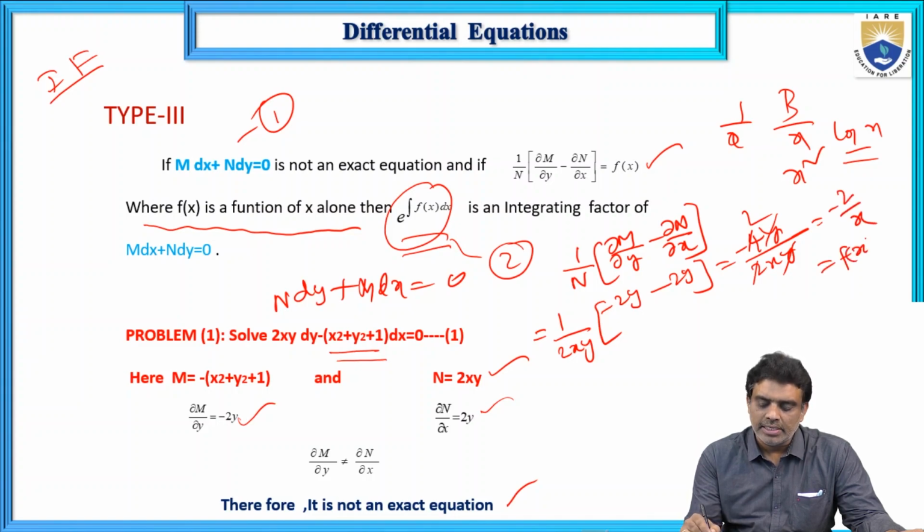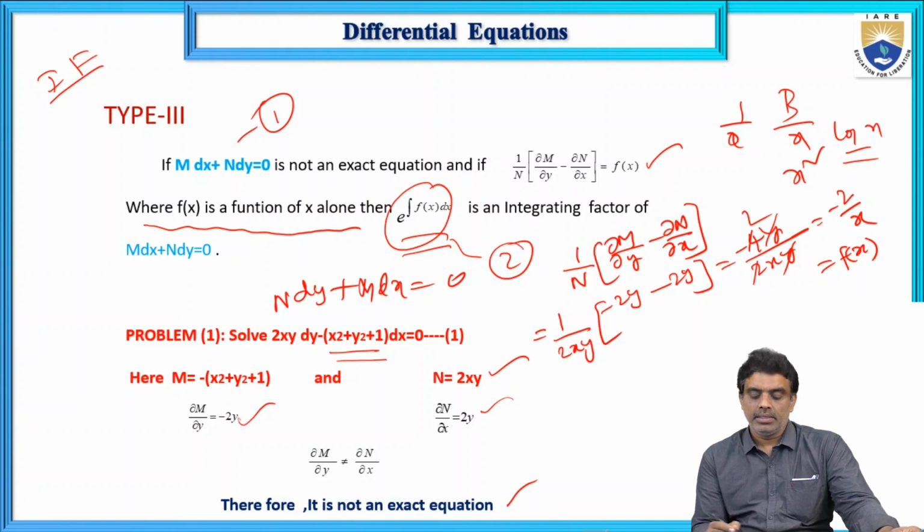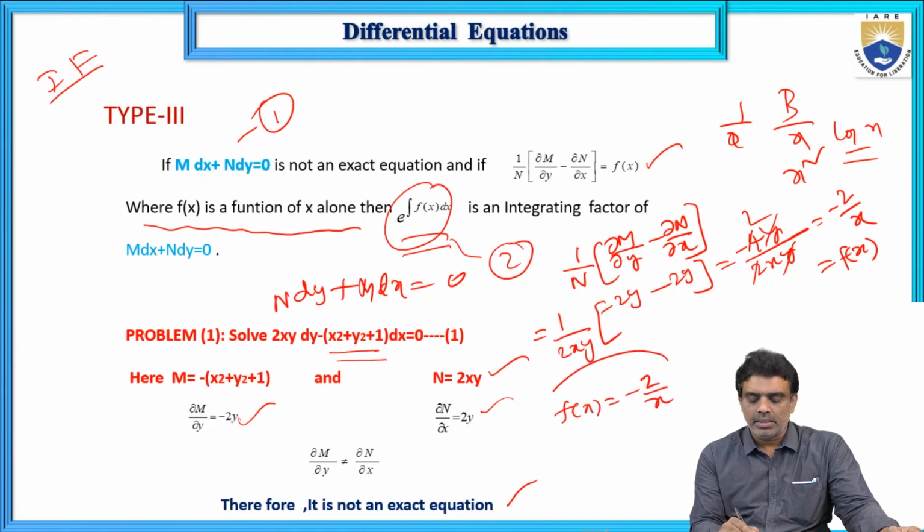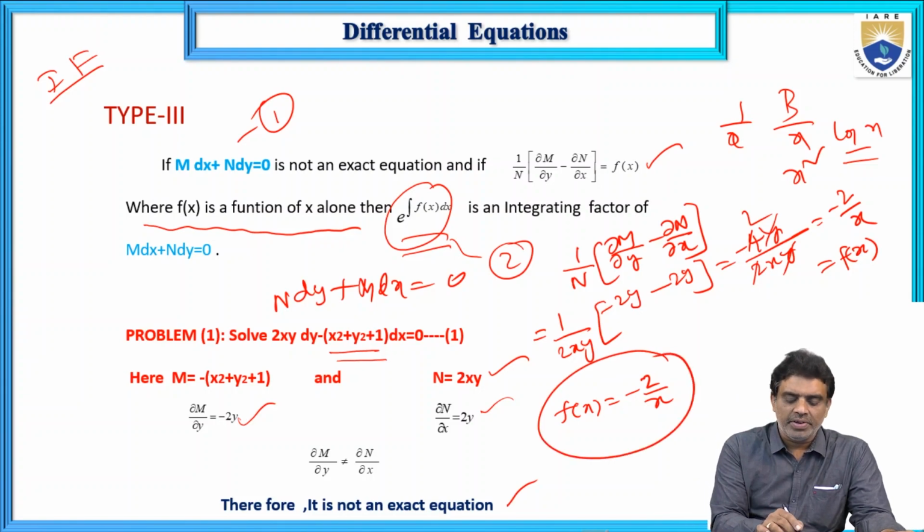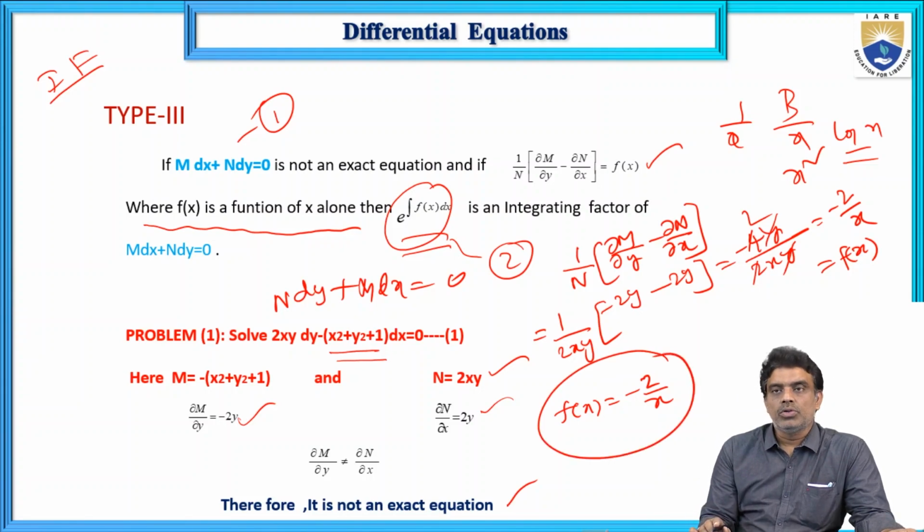You can observe that it is a pure function of x. So f(x) is a function of x alone, and we obtained the function of x as -2/x.